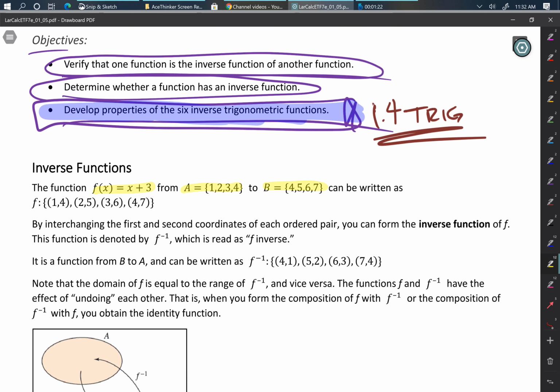It could be rewritten as the function f defined to be a set of ordered pairs, where every ordered pair represents both an input, a value from the first set A, and an output, a value from the second set.